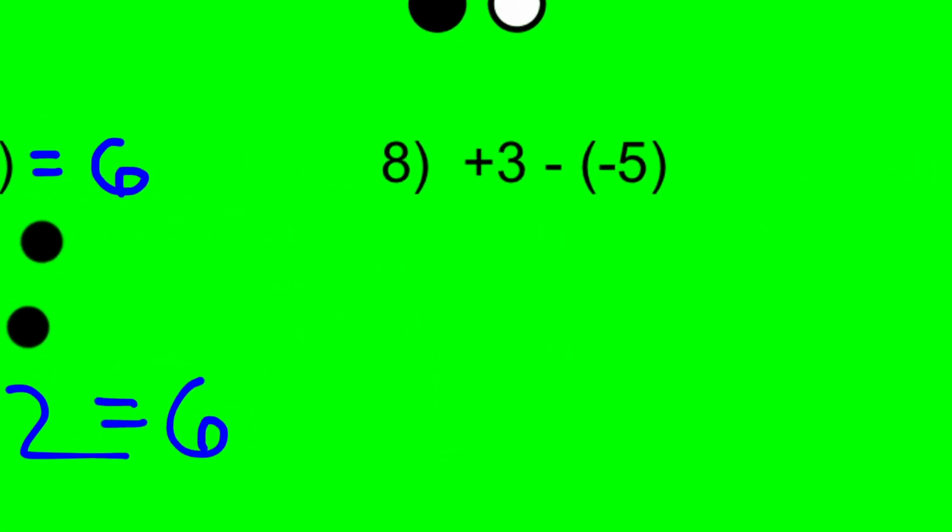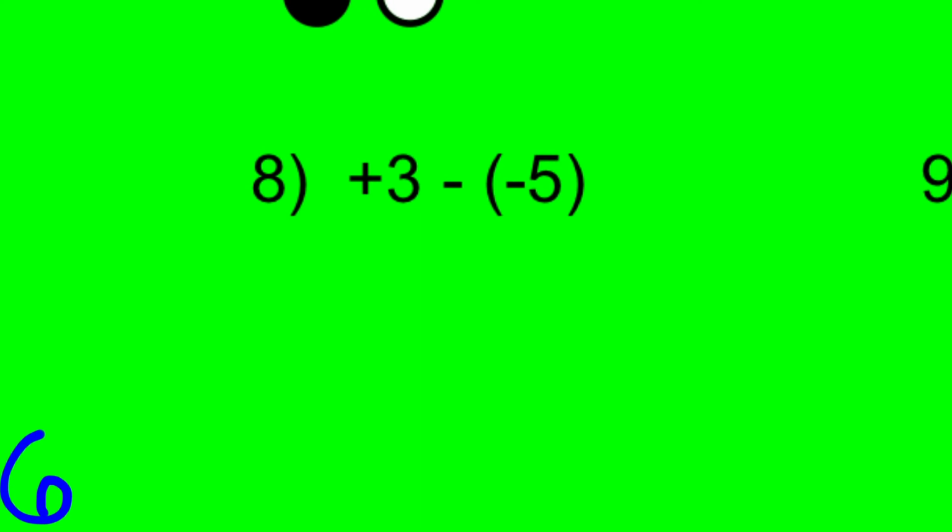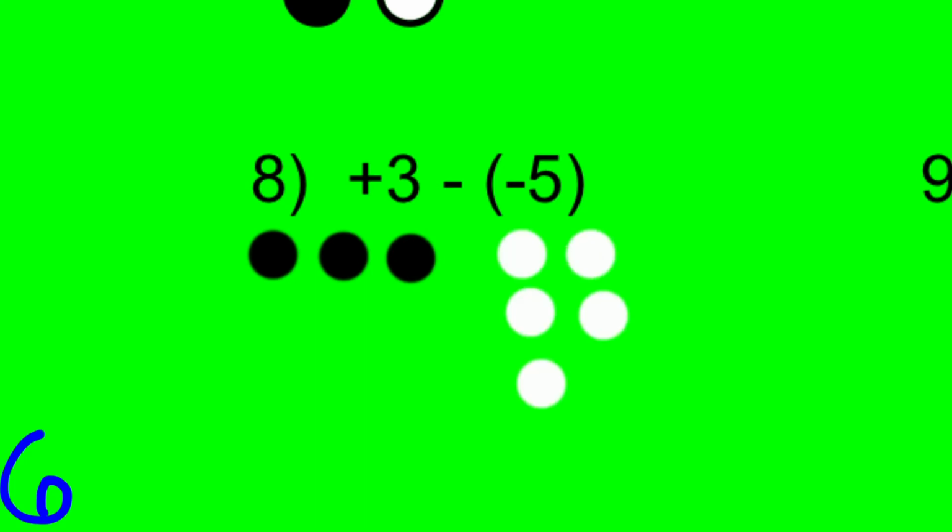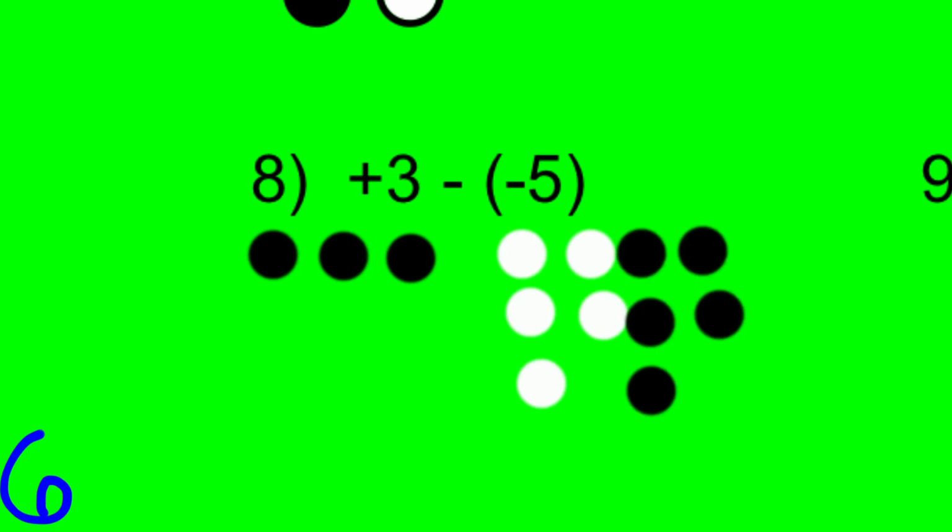Let's look at another one. Positive 3 take away negative 5. Well, how will I show positive 3? There's positive 3. Take away negative 5. That's not right, though. That's adding negative 5. So how do I show taking away negative 5? How do I make negative 5 appear on the screen without actually having a value of negative 5? With every negative, I put a positive.